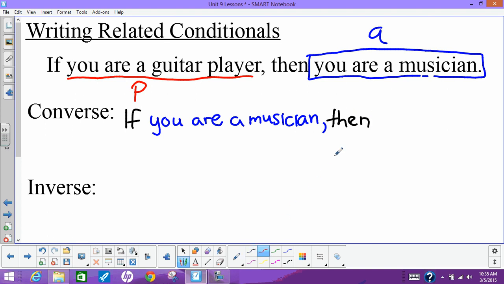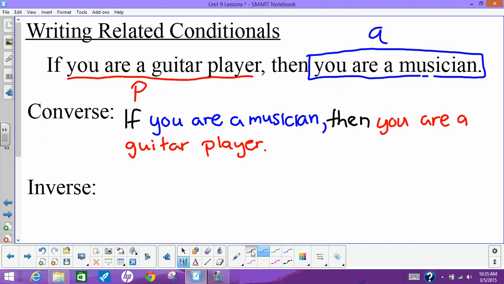And we take our P, our original hypothesis, and we put it at the end this time. You are a guitar player. So you can see all we did to write the converse of our original statement was to switch you are a guitar player and you are a musician in the sentence.